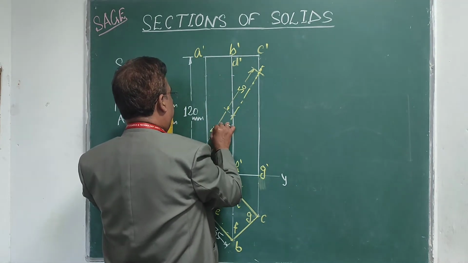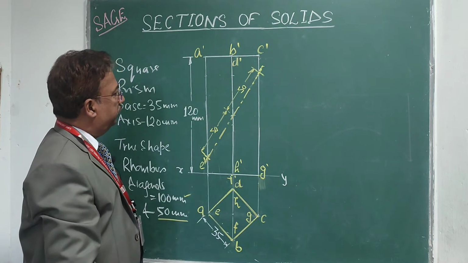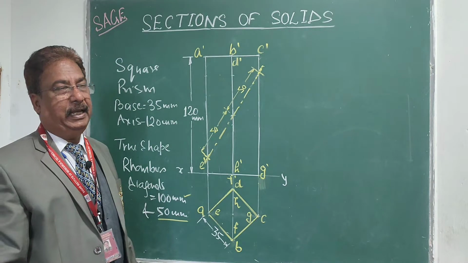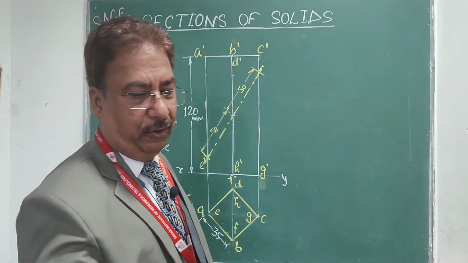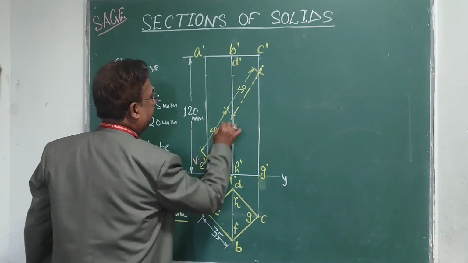So cutting 50 mm on both sides of the square prism, I got the length of the AIP equal to 100 mm, and you can also mention this AIP by VT. So this is the VT of the section plane.